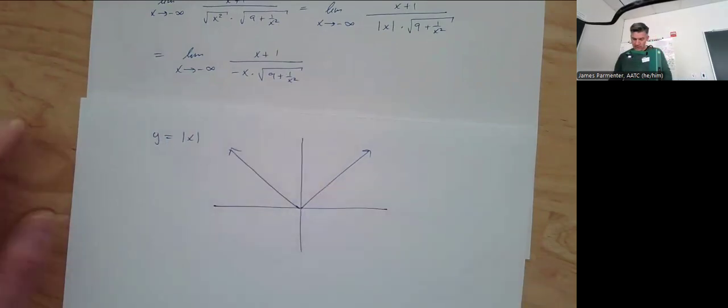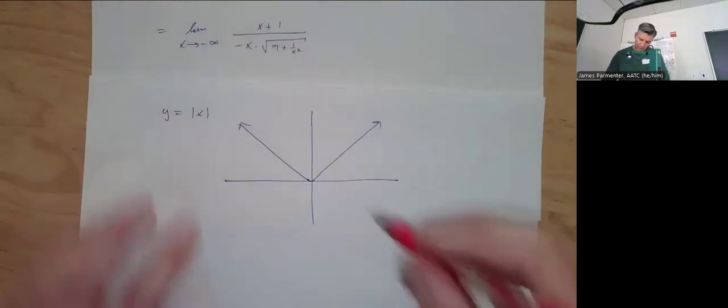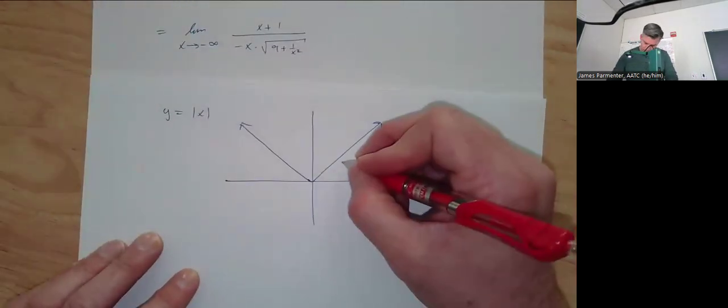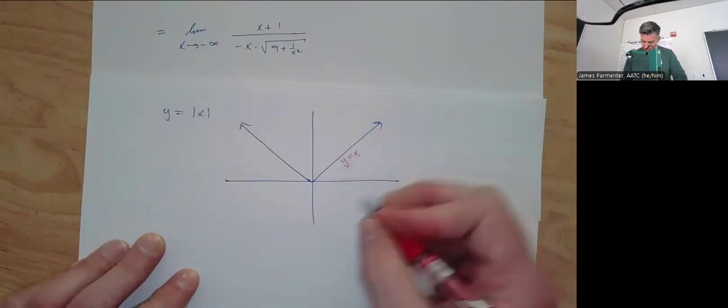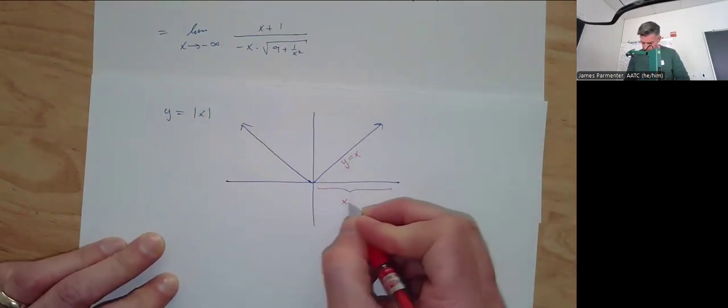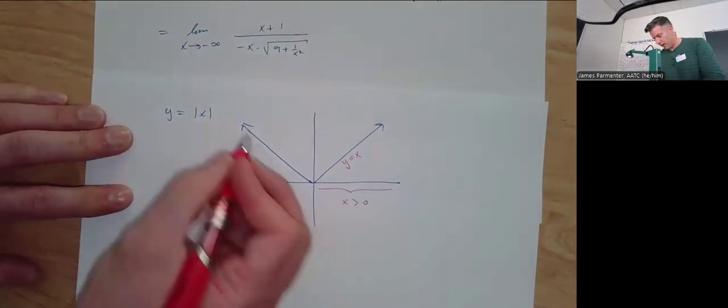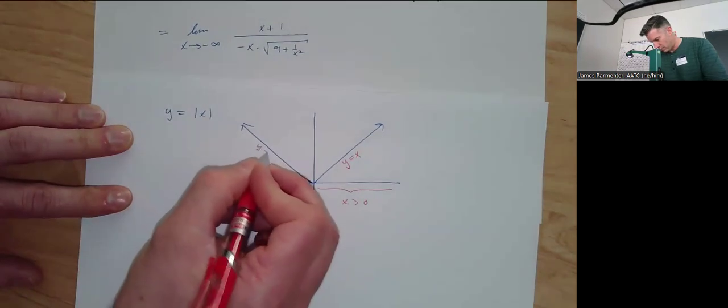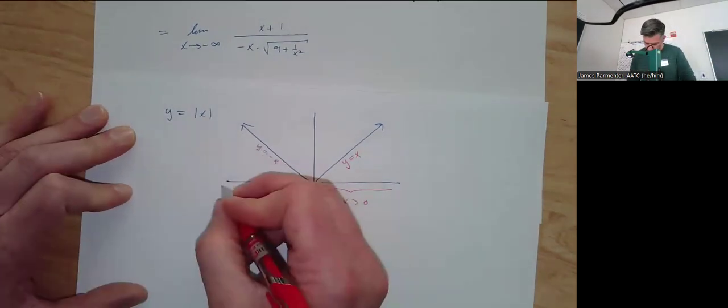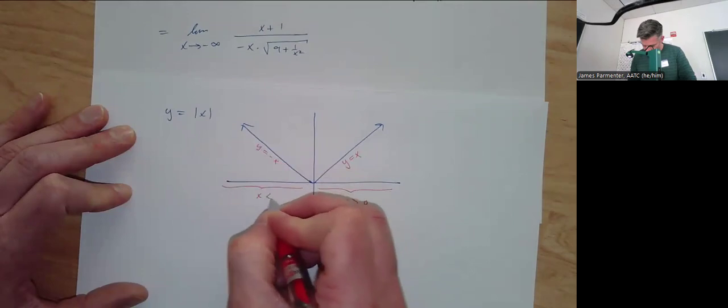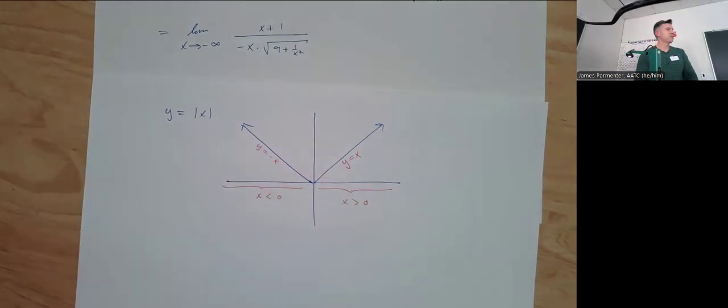And I'll point out that over here on this side, you get y equal to x, and that's when x is positive. And over here, you have the line y equal to negative x, and that's when x happens to be negative. So when x is negative, the absolute value of x is really, really, really negative x.